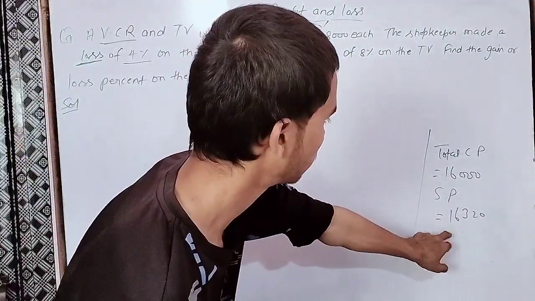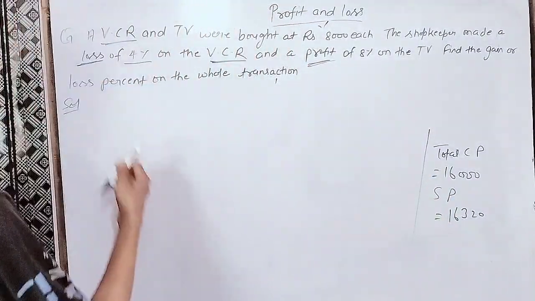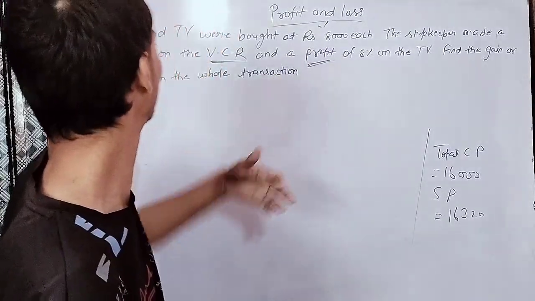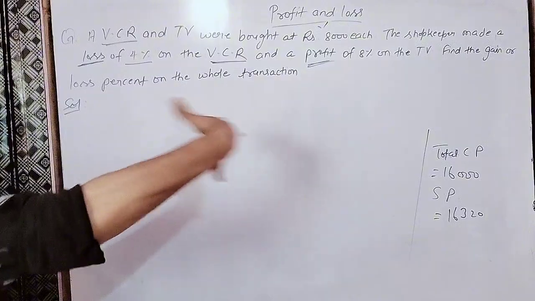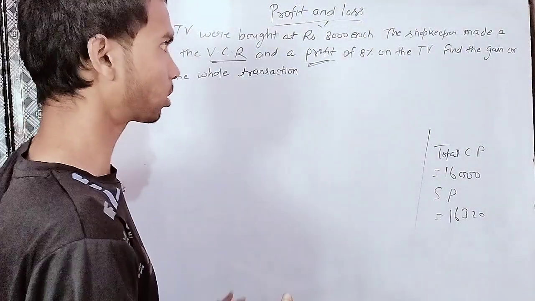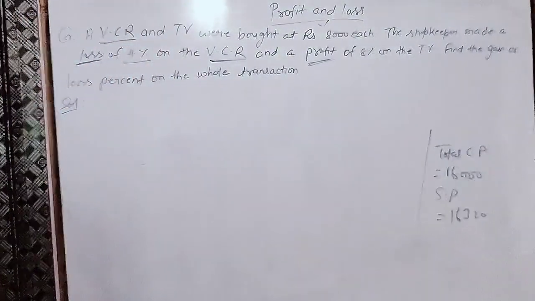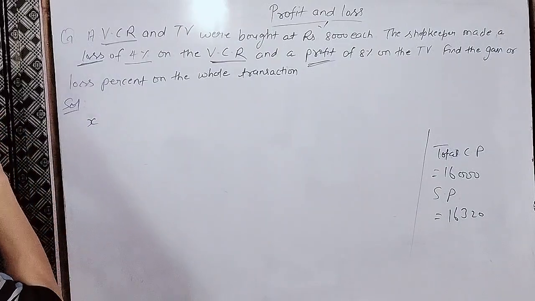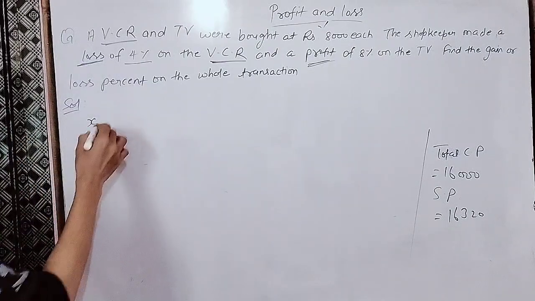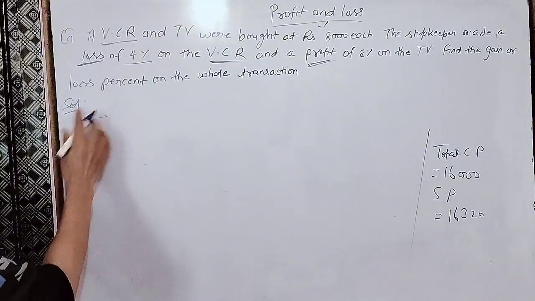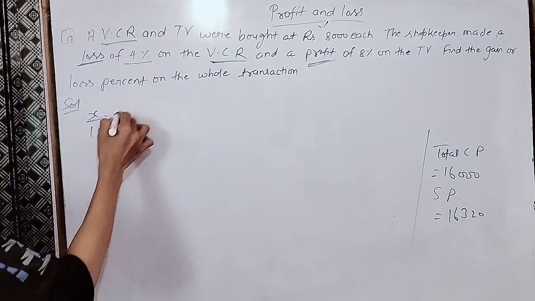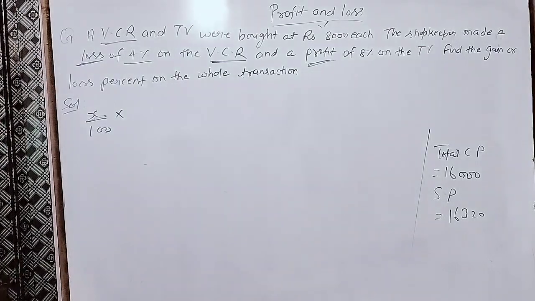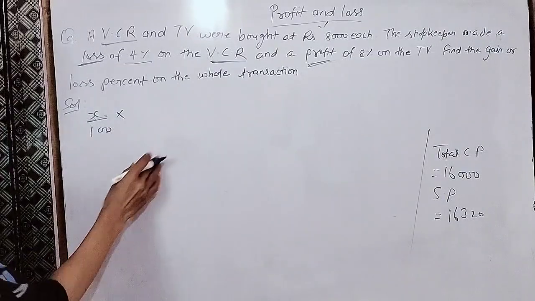Here, this is selling and this is cost, and it is asking what the percent of loss or profit is. We don't know, that's why we will apply a variable. Let's just say x. Yes, let's start from gain.